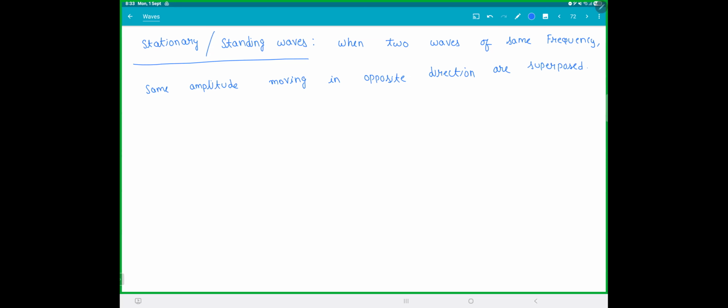we observe certain points on the string do not move. These are called nodes.